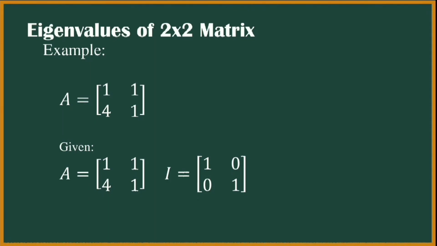So let's have an example of eigenvalues of a 2 by 2 matrix. So we have matrix A with elements 1, 1, 4, 1. To solve it, we have our given, which is matrix A with elements 1, 1, 4, 1, and the I, which represents the identity matrix, which is 1, 0, 0, 1.